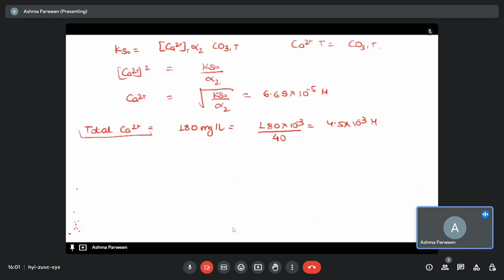So if we want to know how much calcite is formed, we need to know how much calcium has been converted from dissolved to solid form. So we can find the calcite generated as the difference between total calcium minus dissolved calcium.